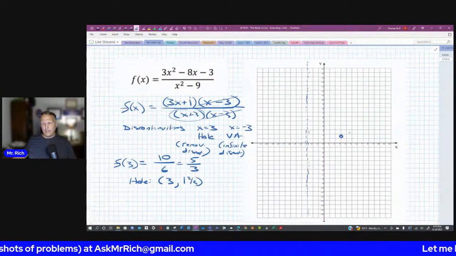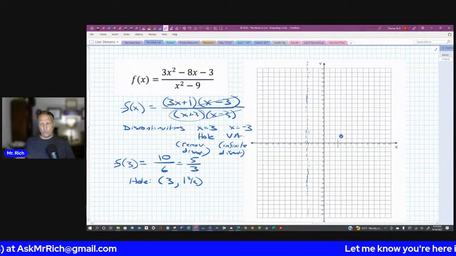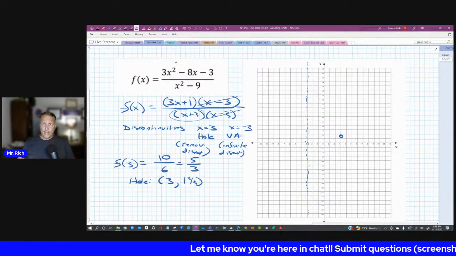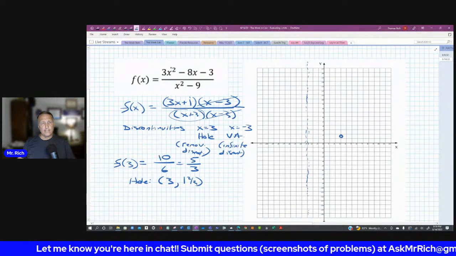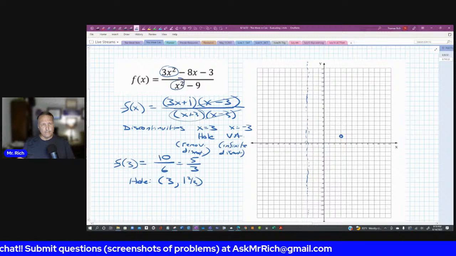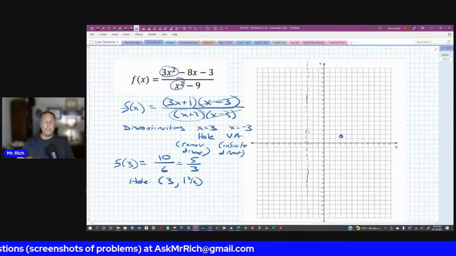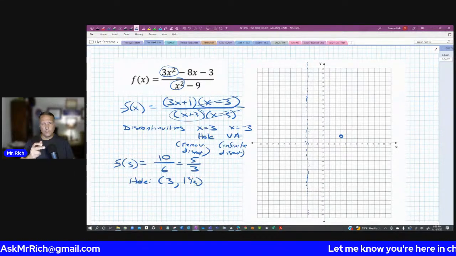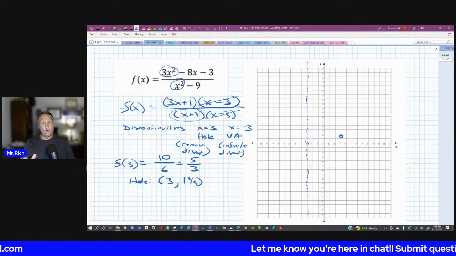All right, the other thing that I want to plot here is my horizontal asymptote. Now, from pre-calculus, you should have learned that you can determine locations of horizontal asymptotes by examining the highest degree term in both the top and bottom of your rational function. If you have a match between the powers, the degrees on those highest degree terms, then you have a horizontal asymptote at the ratio of their coefficients.